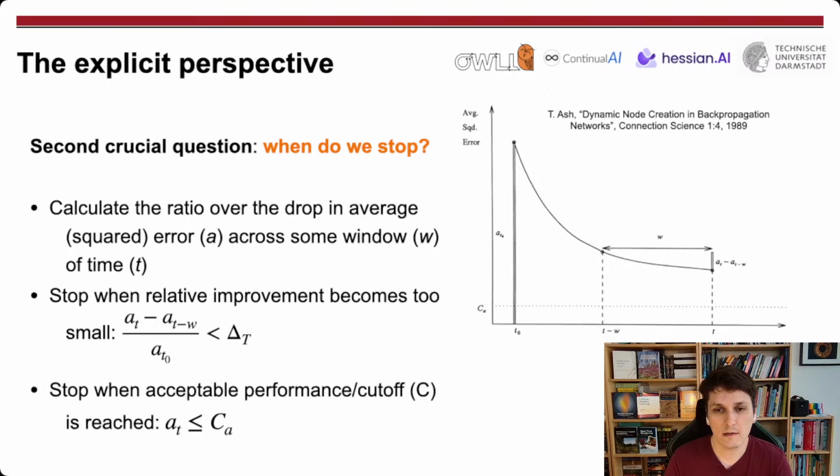We could see whether this ratio becomes too small according to some user predefined threshold we've set, and then we could stop, or we could continue adding, or maybe even more ideally, we could stop as soon as we have reached some sort of cutoff performance with respect to the absolute error on the y-axis, which is illustrated in the dashed line with the C on this slide.